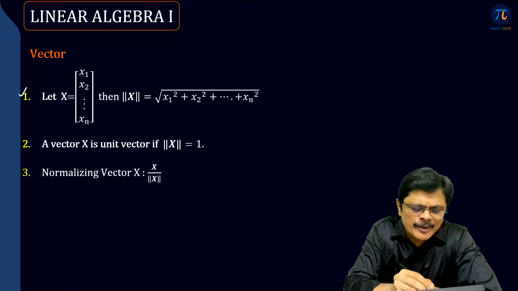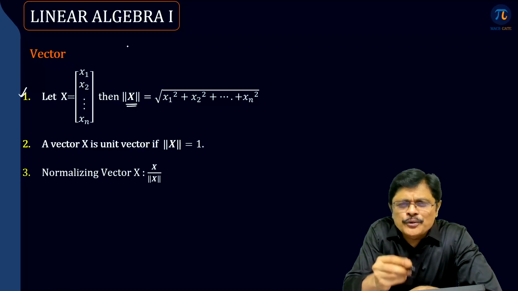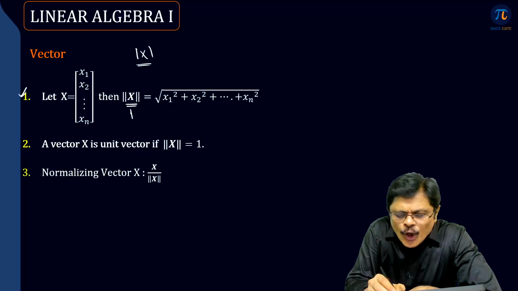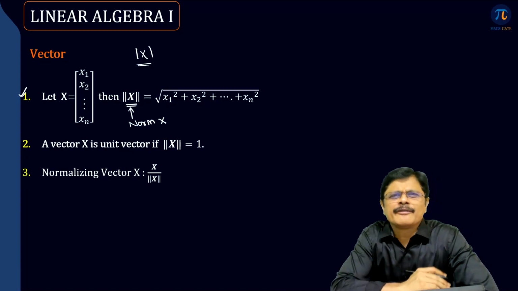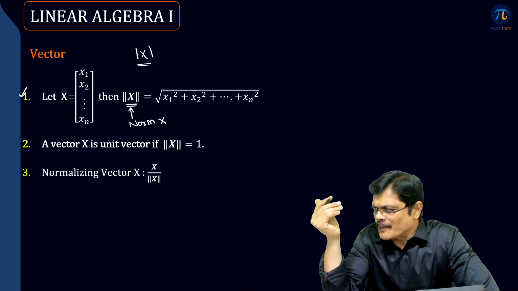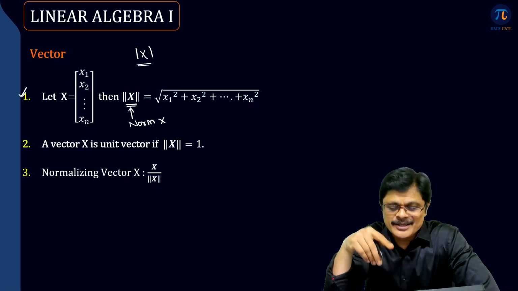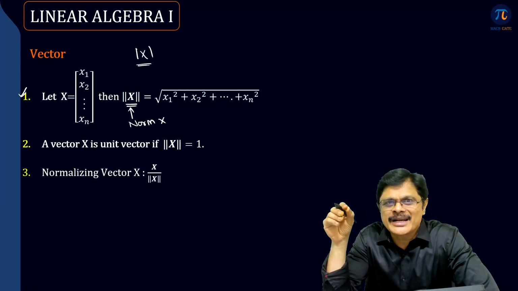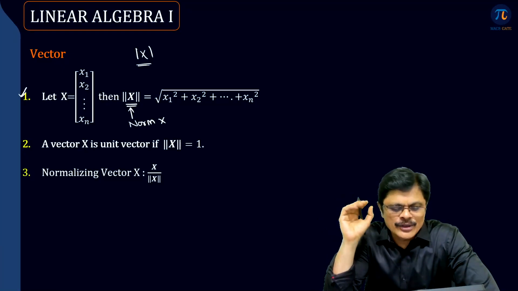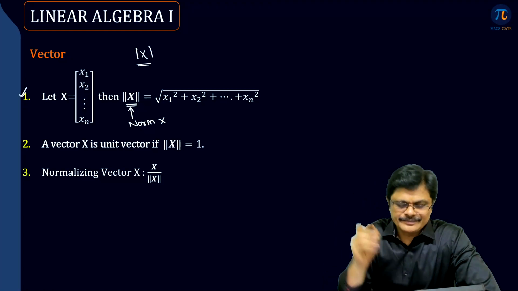So this is the distance formula only. Up to 3 dimensions we use mod x. For higher dimensions we use the norm, called norm x. So under root x1 square plus x2 square and so on, plus xn square. That is the length of the vector.